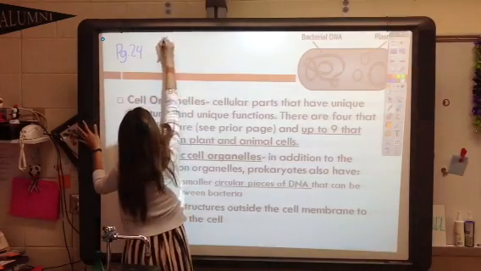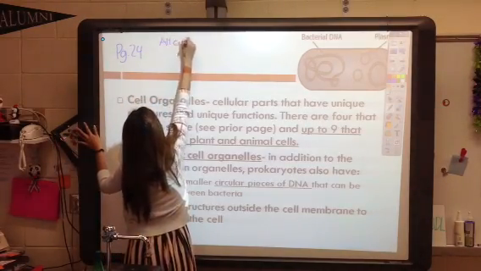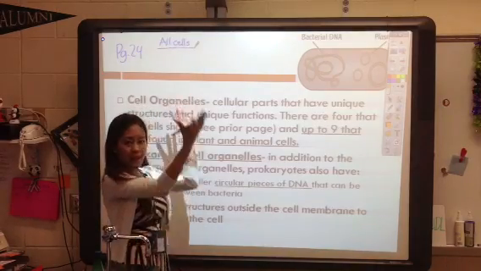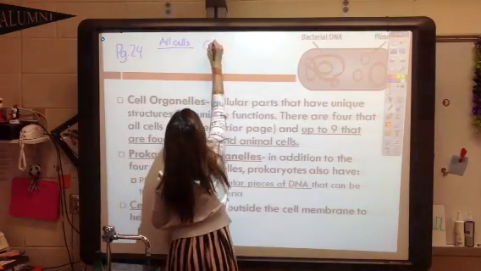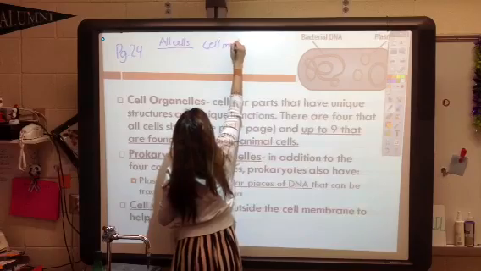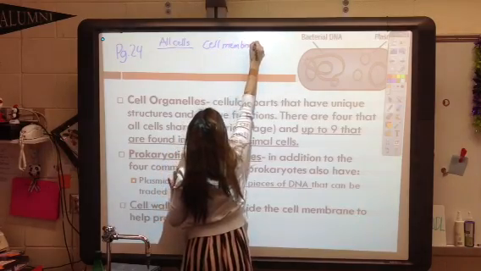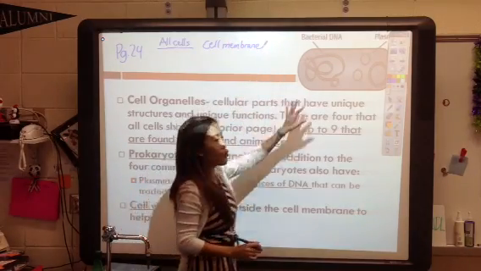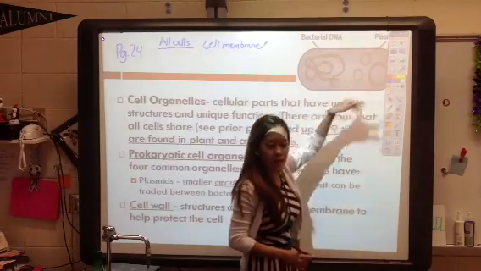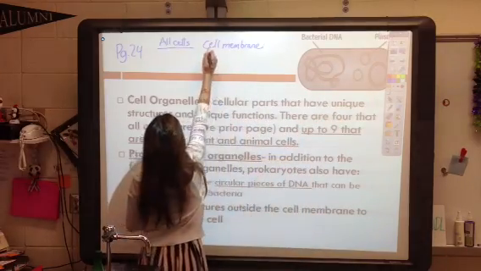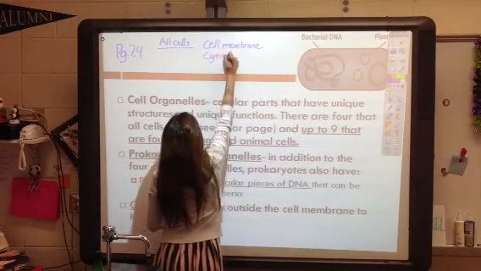So remember that all cells have that exterior structure, which was the cell membrane. All cells have a watery filling inside of it that everything else is sitting in, which was our cytoplasm.